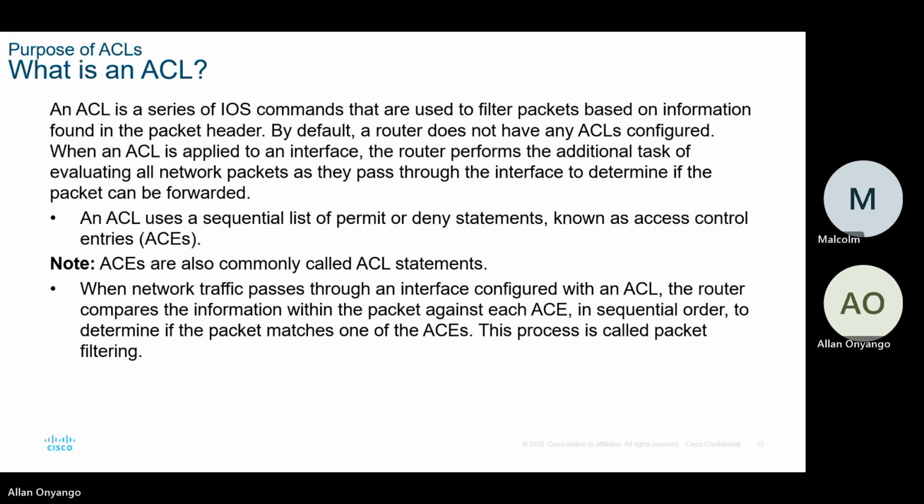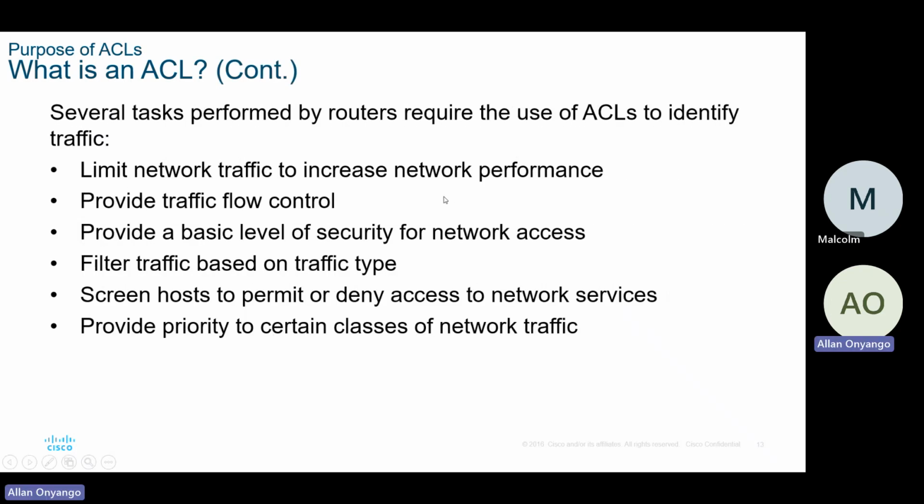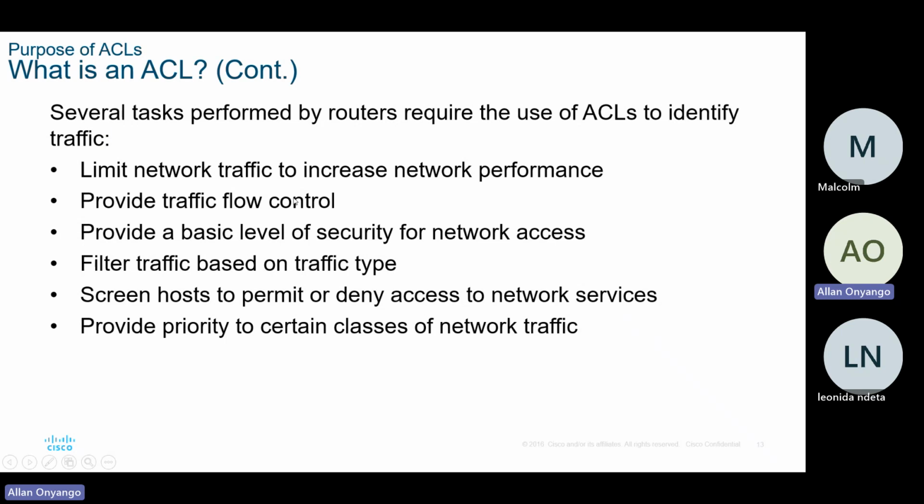Okay. Now, moving forward, several tasks performed by routers normally require the use of ACLs to do the following. One is that an ACL could limit network traffic to increase network performance, preventing some kind of traffic.